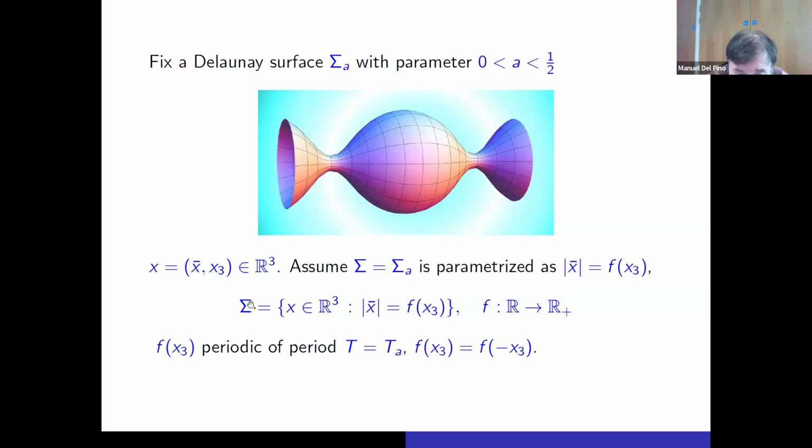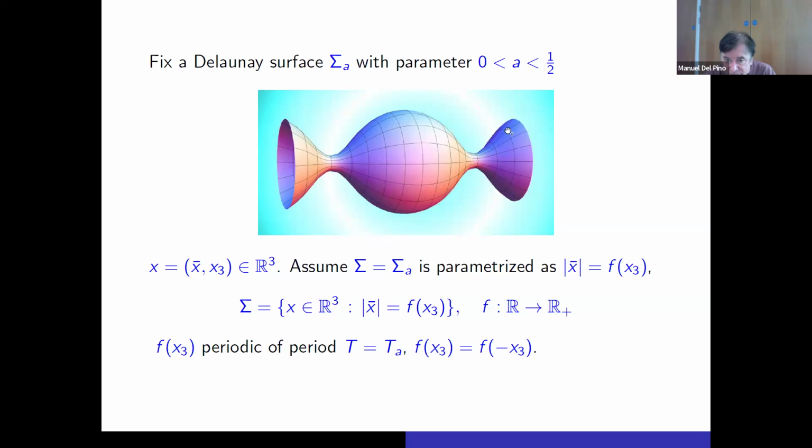So it's the coordinate of the axis. Since these are surfaces of revolution around the axis, the profile is going to be given by R, this polar coordinate: the absolute value of x bar is equal to a certain function of x3. So for each x3, this is just the equation of the profile.